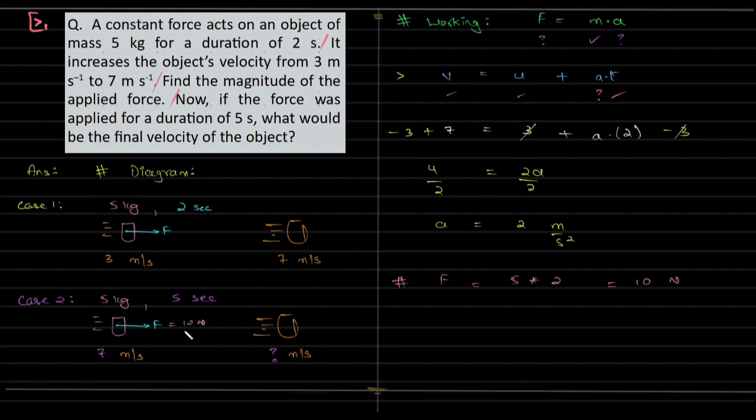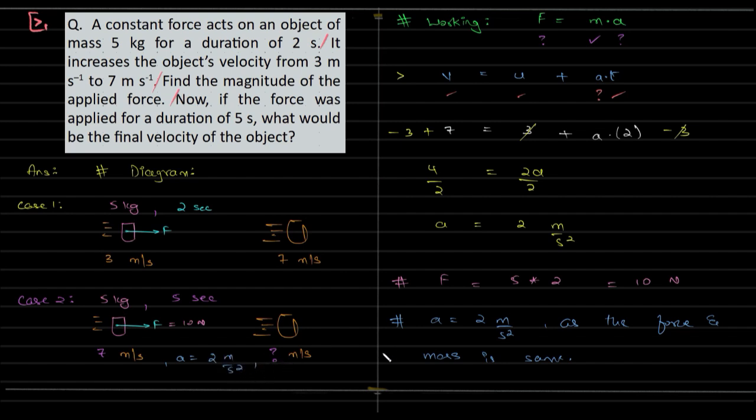So 10 Newton of force applied on the same object for 5 seconds. What will happen? Quite simple. Whenever you apply a force, it accelerates. And the acceleration is the same because the force is the same. So you can tell a is equal to 2 meter per second square as the force and mass are the same.